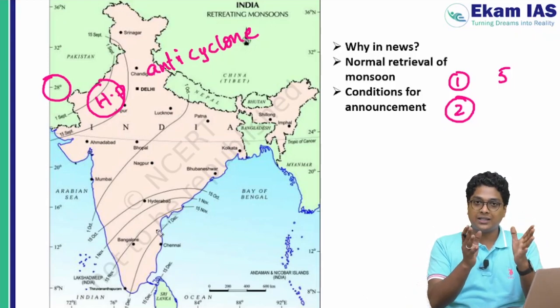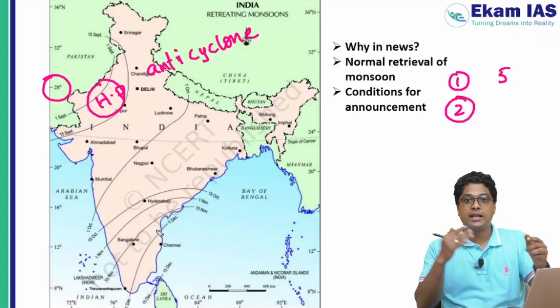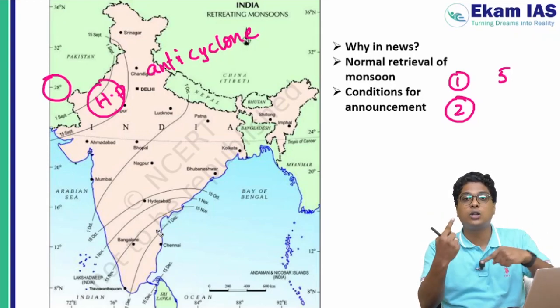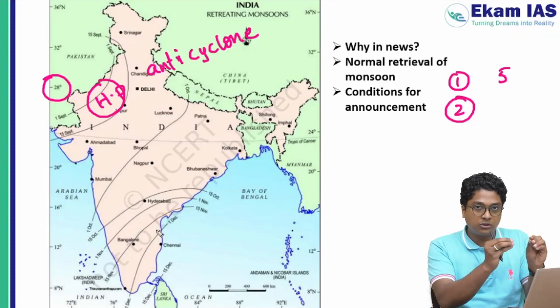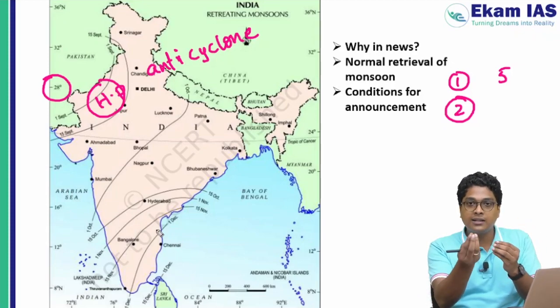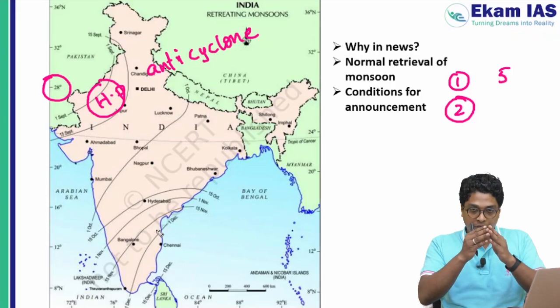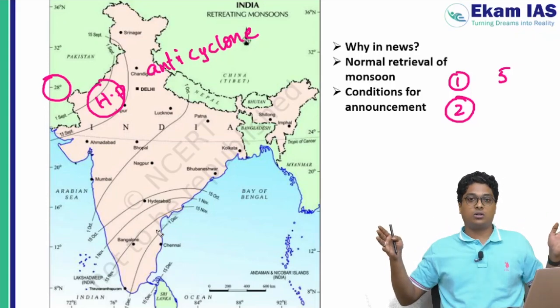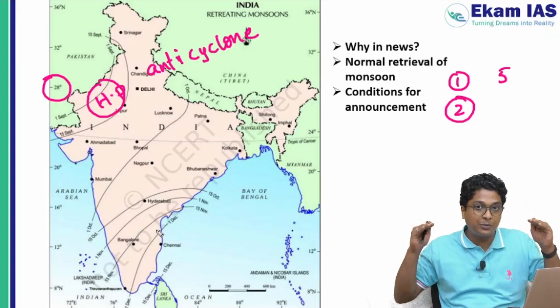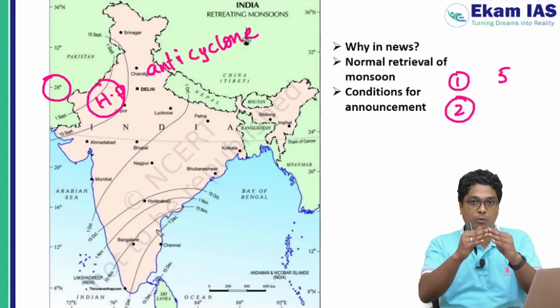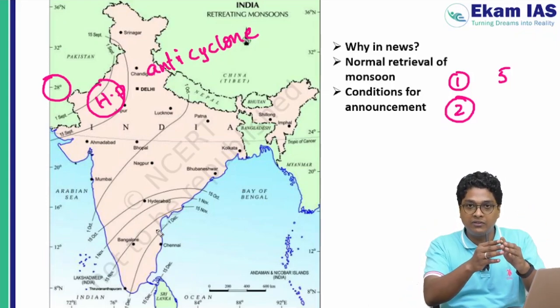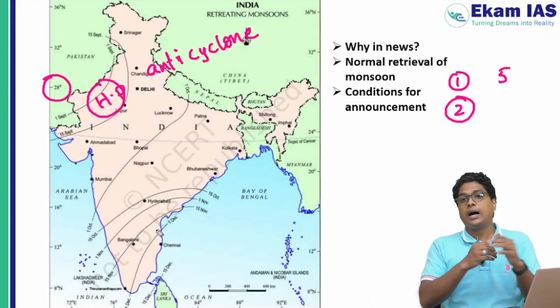Tropical cyclones have a low pressure at the center, and the wind spins inward around the low pressure. But in the anticyclone, the center will be high pressure, and the wind will be spinning outward, moving away from the high pressure.